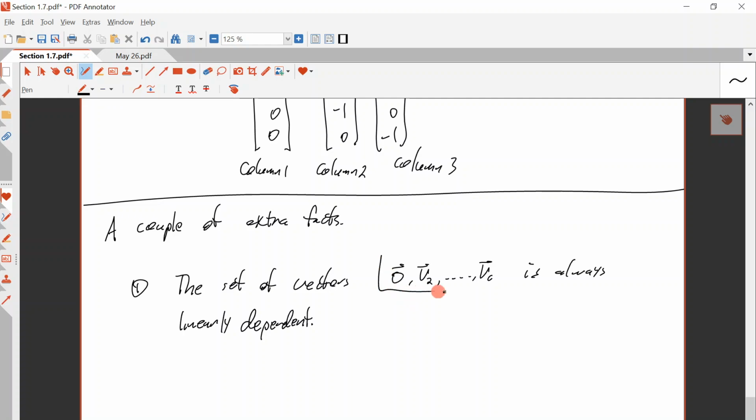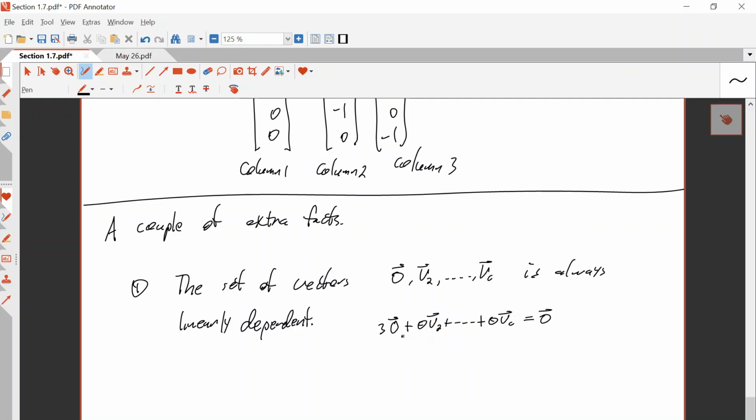If you're talking about a set of vectors and one of those vectors is 0, it's always linearly dependent. Why? Because there's always a solution to the vector equation equal to 0. Because I could put whatever I want in front of the 0 vector, so 3 times 0 plus all of these guys are 0 is equal to 0.